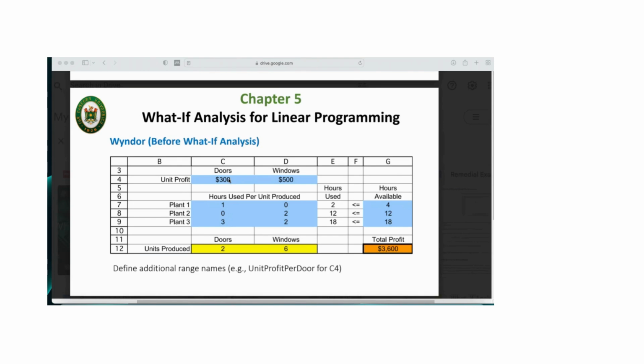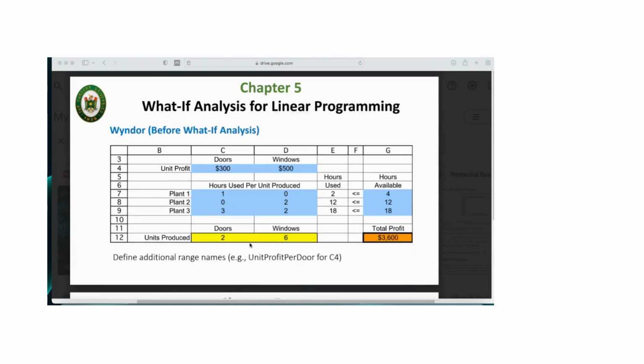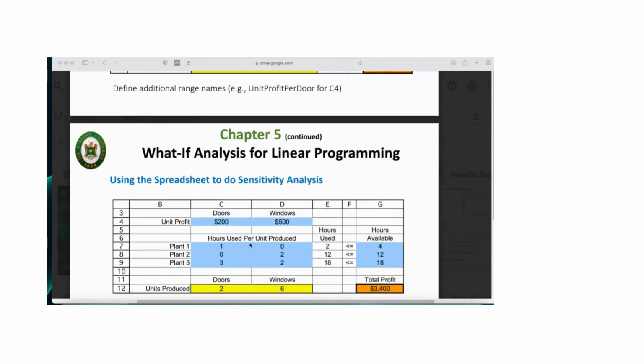Then make this 0. The optimal solution will now be changed into 0, 0, because we don't have any solution yet. And we want to see what will be the optimal solution when we change this. So we changed this 300, as you see here, to 200.